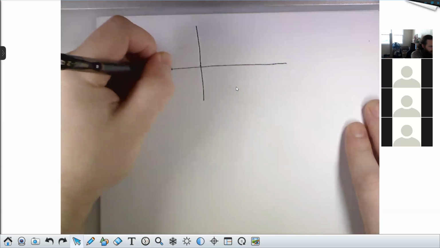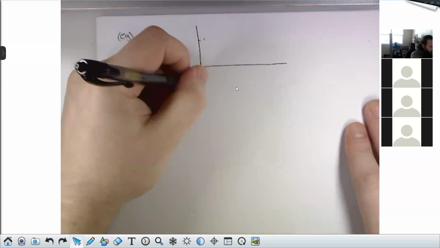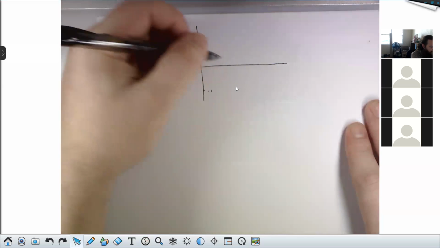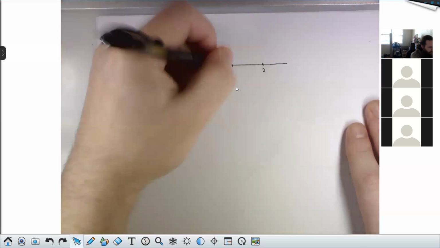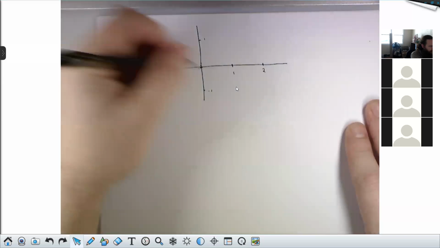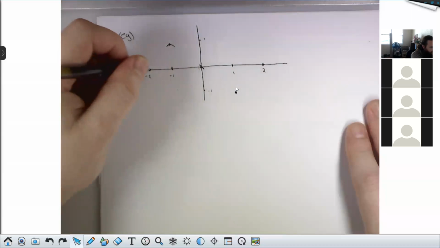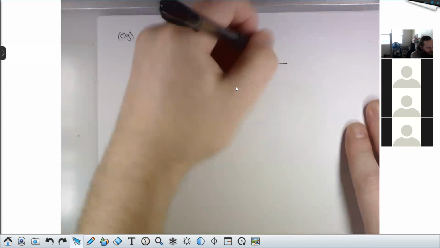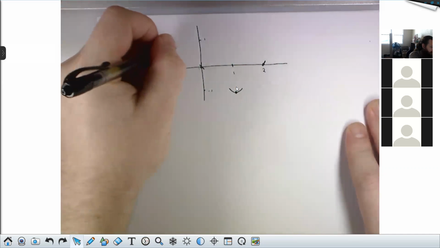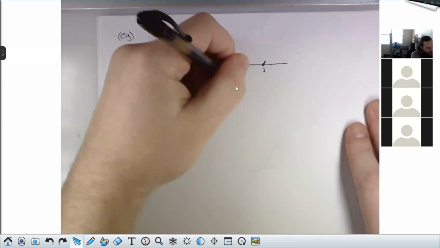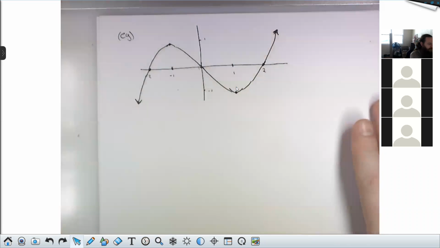Not quite to scale, but that's okay. Okay.